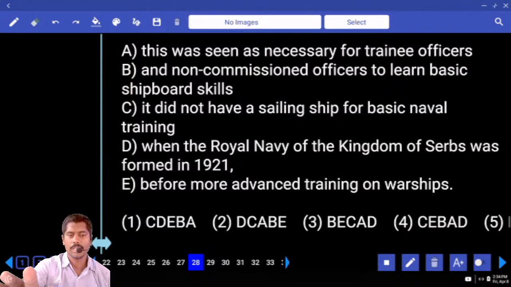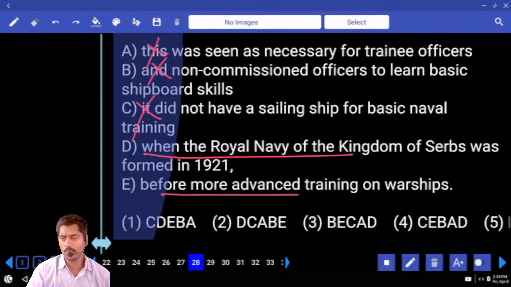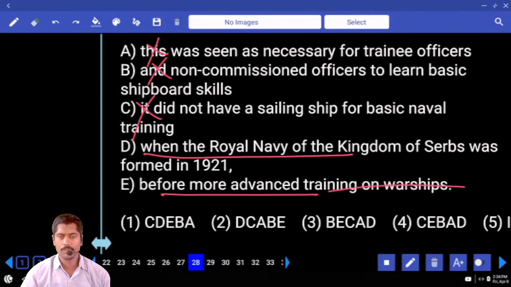This was seen cannot be the beginner. When the Royal Navy, yes, before more, not sure. But if you look at this, only one sentence is ending with a full stop. What is that? E is ending with a full stop.